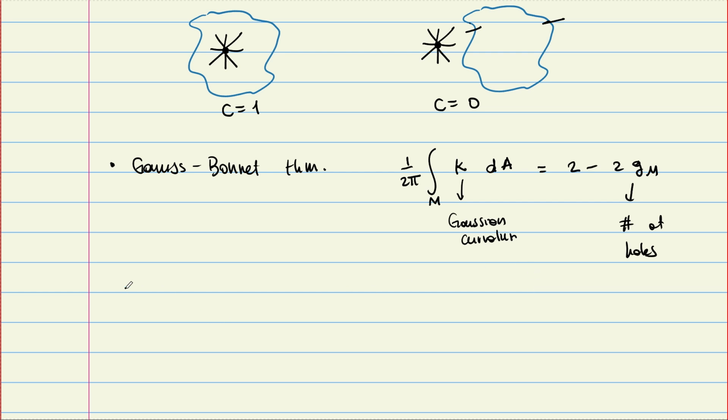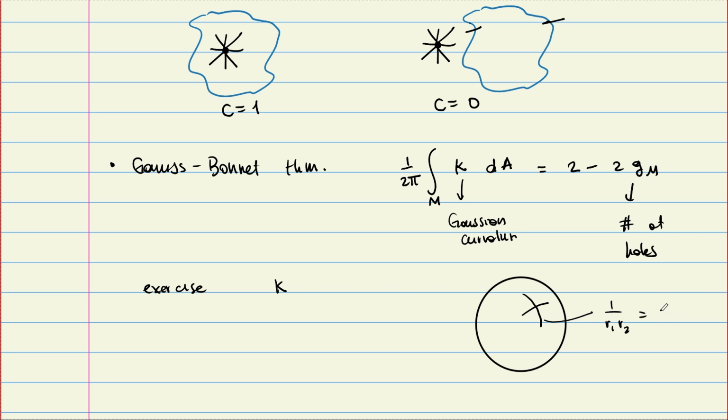As an exercise, if you are curious, this integral you can do for K for a sphere. Let me just draw a sphere here. In a sphere you can have two great circles which are perpendicular, and the Gaussian curvature is given by 1 over r1 times r2, the radii of these great circles.